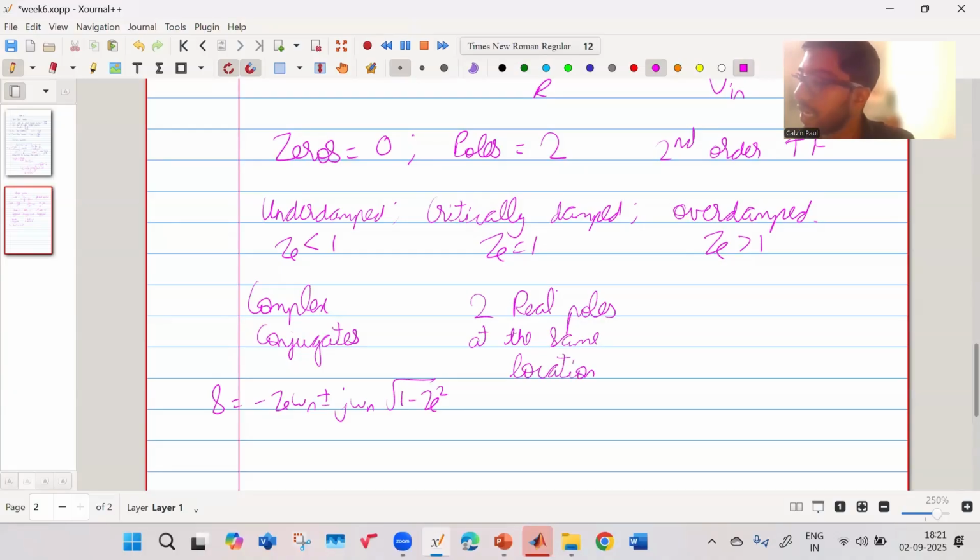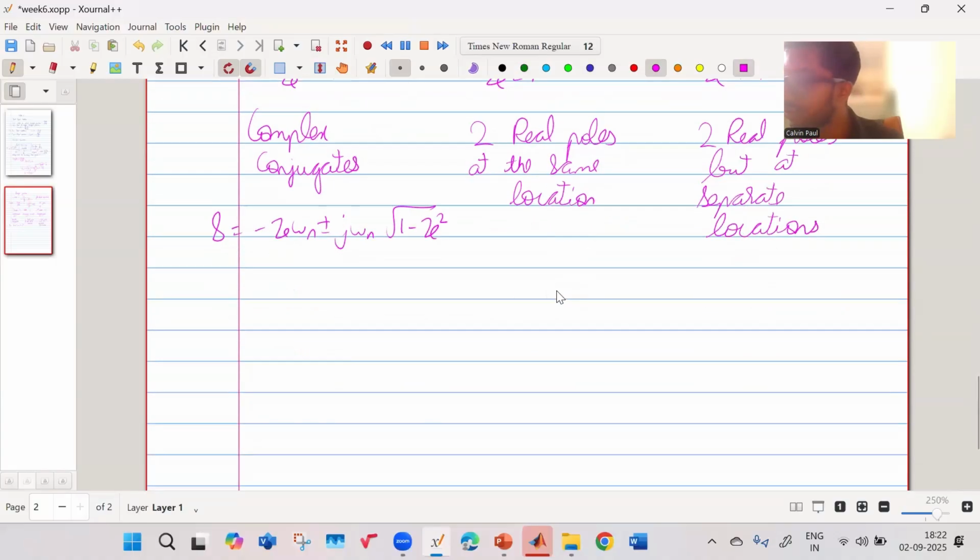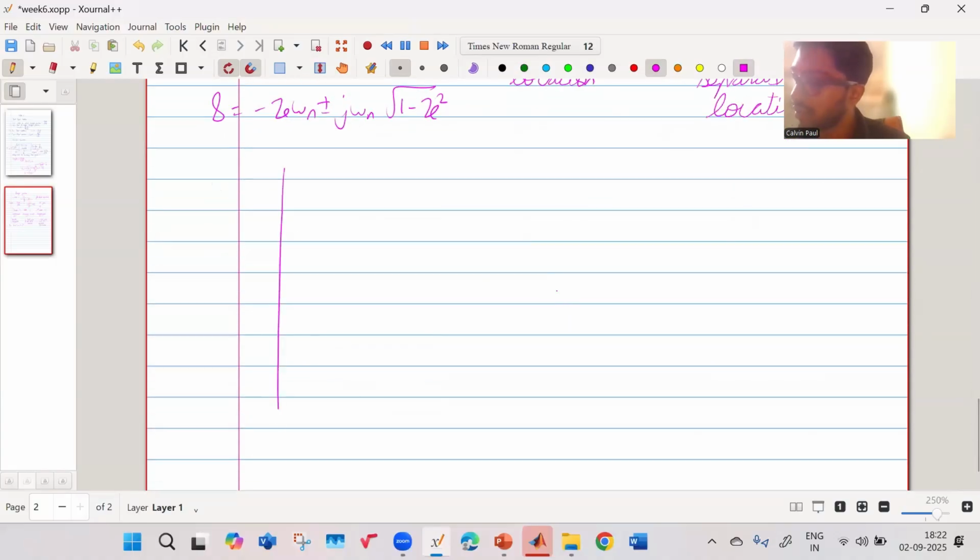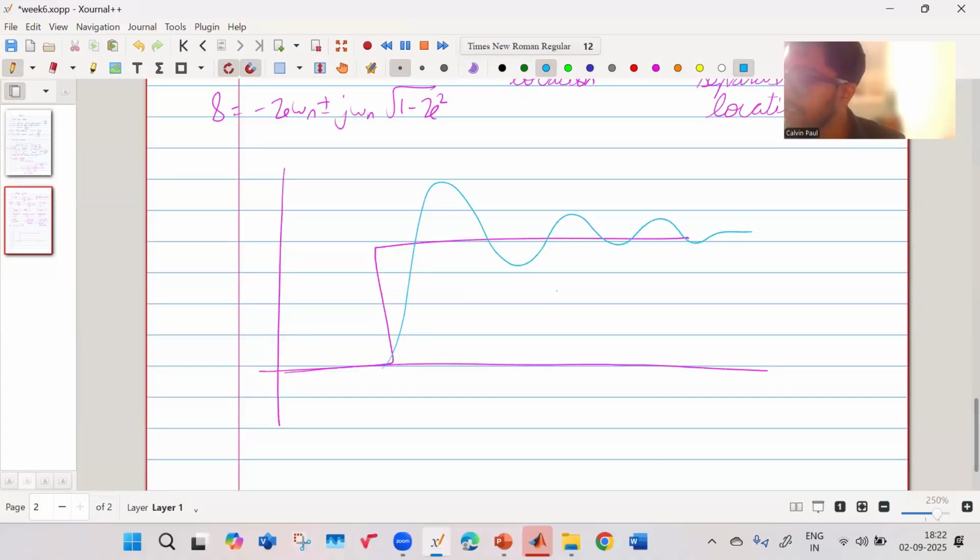And in the case of overdamped, two real poles but at separate locations. Okay. So if you give a step input in the underdamped case, it will oscillate like this.